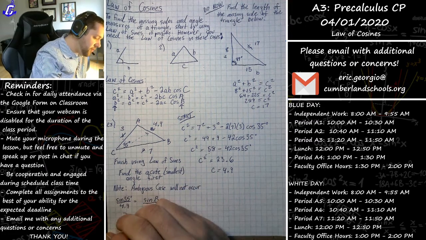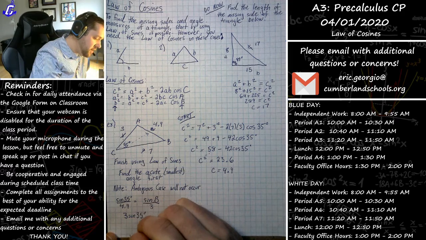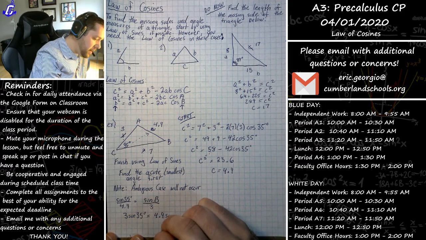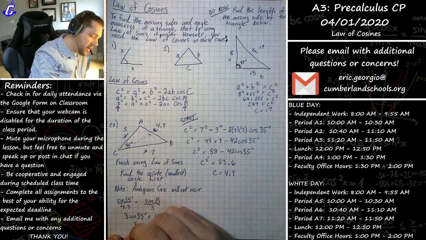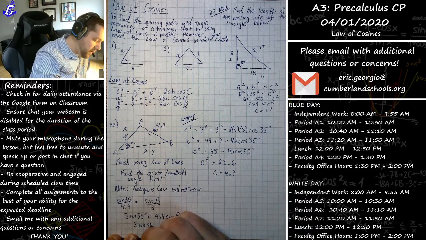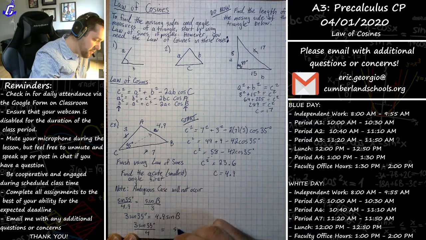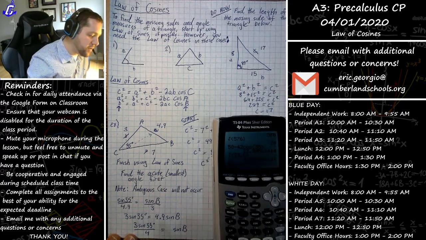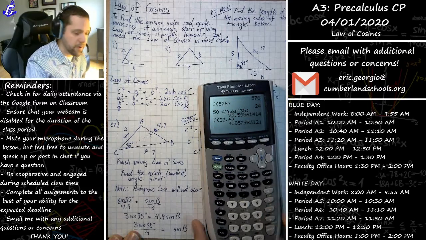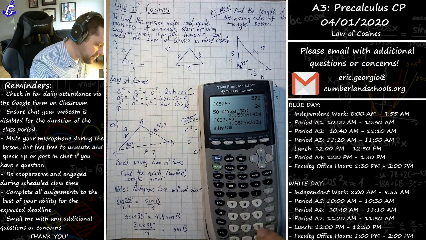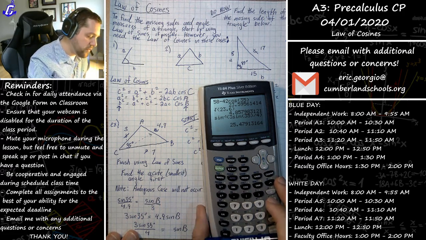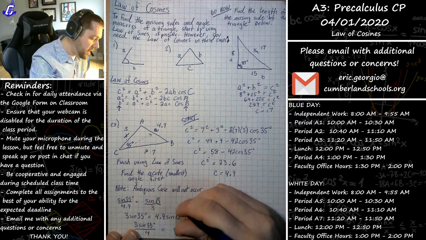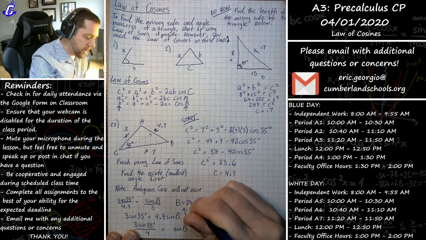Cross multiply, you get 3 sine 35 degrees equals 4.9 sine of B. I'm going to divide both sides by 4.9, so you get 3 sine 35 degrees over 4.9 equals the sine of B. I'll take the sine inverse of both sides using my calculator: the sine inverse of 3 sine 35 divided by 4.9, and I get 25.4, we'll call it 25.5. So B is equal to 25.5 degrees.